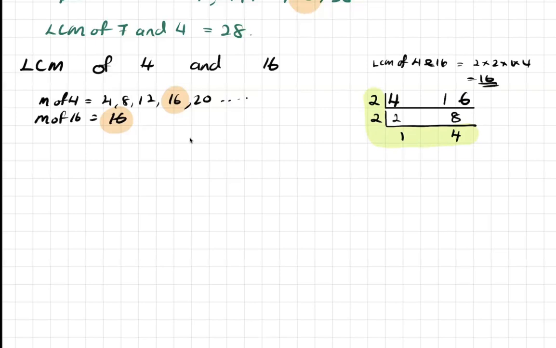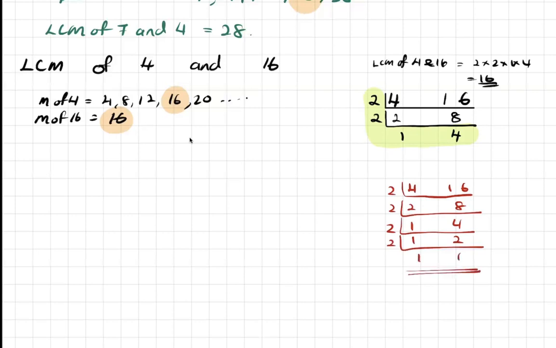So what I will normally teach the students is we go 4 and 16 again, and we divide by 2 and get 2 and 8, and we divide by 2 again, get 1 and 4, and we continue to divide it until both are 1. Okay, this only applies to LCM, which is the lowest common multiple. You can factorize both together, and you can factorize only one side.